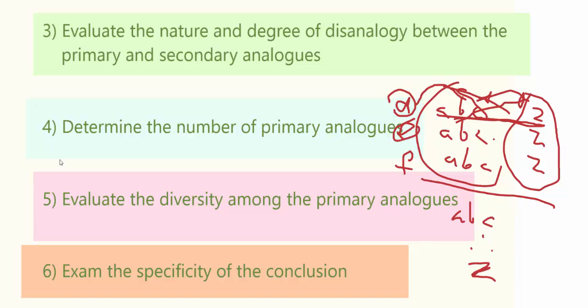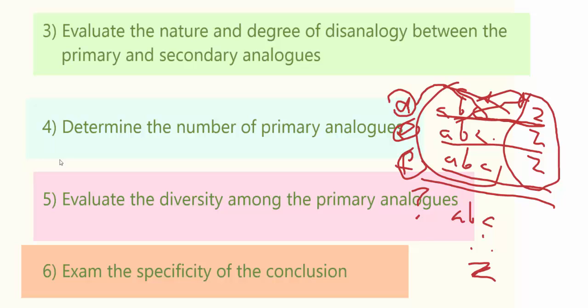Same with E. The difference of E doesn't undermine the connection between A, B, C, and Z. And F doesn't, suggesting that the more property diversity that you get, the less likely that there is anything that can undermine that connection, right? And since that's the case, then whatever other additional differences that our secondary analog has, that's probably not going to undermine the connection between A, B, C, and Z as well.